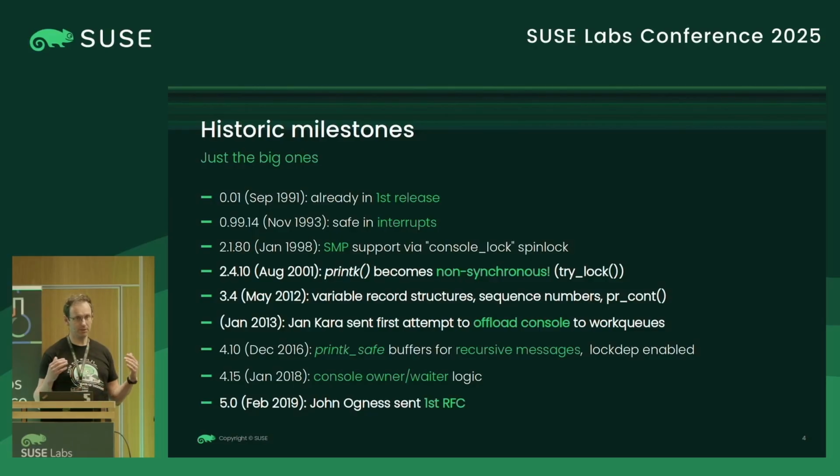It interrupted even the code when printk disabled interrupts while accessing the ring buffer, and it still tried to write there. And why was printk called in NMI? For example, to get backtraces from all CPUs. So at this point, the NMI is pretty handy.